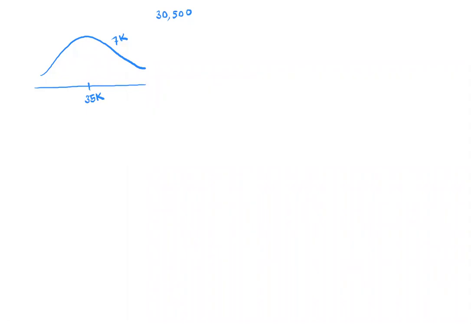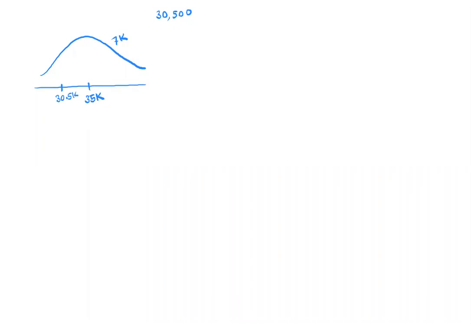Where is 30,500 going to be? Is it going to be to the right of the 35,000 or to the left of the 35,000? What do you think? To the right or to the left? To the left, right? So this is going to be 30.5K.